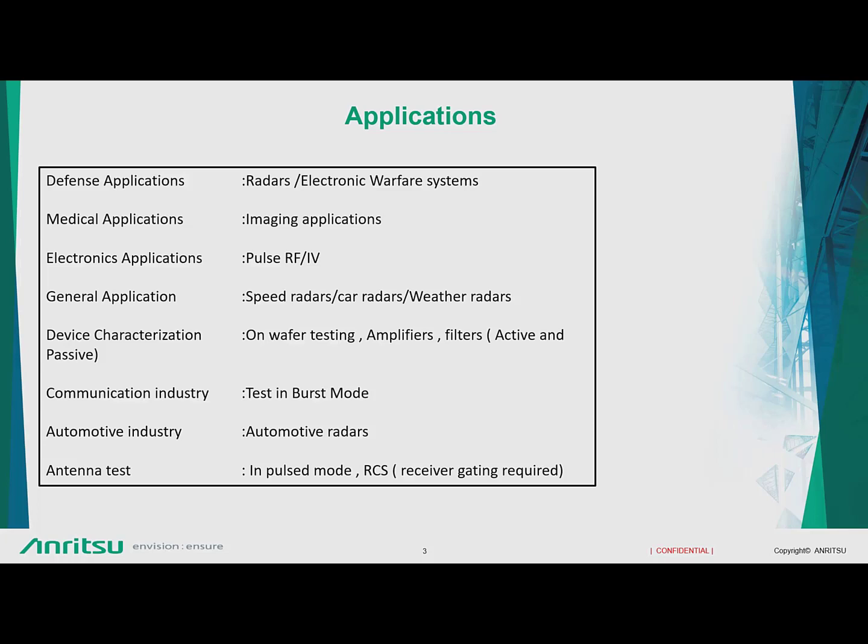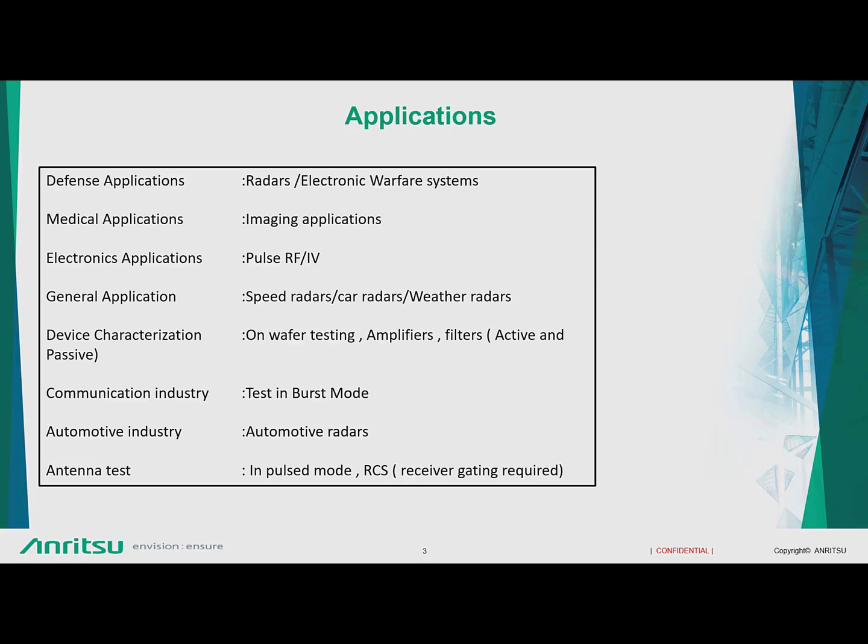In the communication industry also, you have to do some test in the burst mode. So what burst mode basically is, that you send in a lot of small bursty signals to your device under test, and then you see or analyze the response that device has on these input bursts coming.